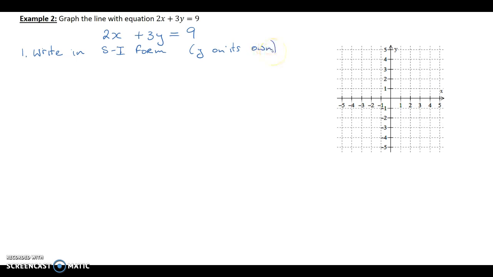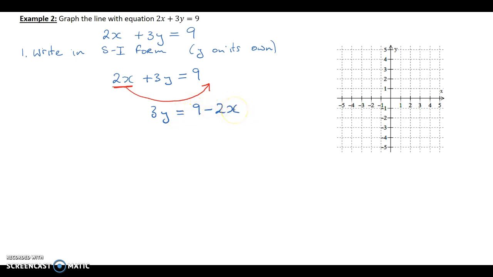So hopefully if you're looking at this equation, 2x plus 3y equals 9, you'll realize that if you want y on its own, the 2x is in the wrong place. So let's take the 2x and move it over, and that will give you 3y is equal to 9 minus 2x.